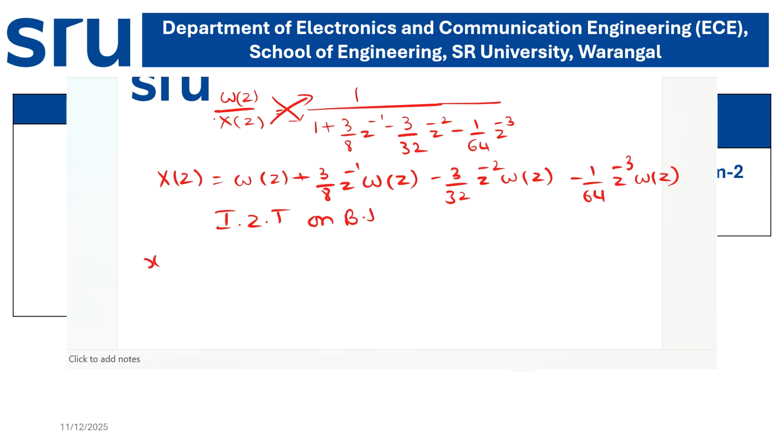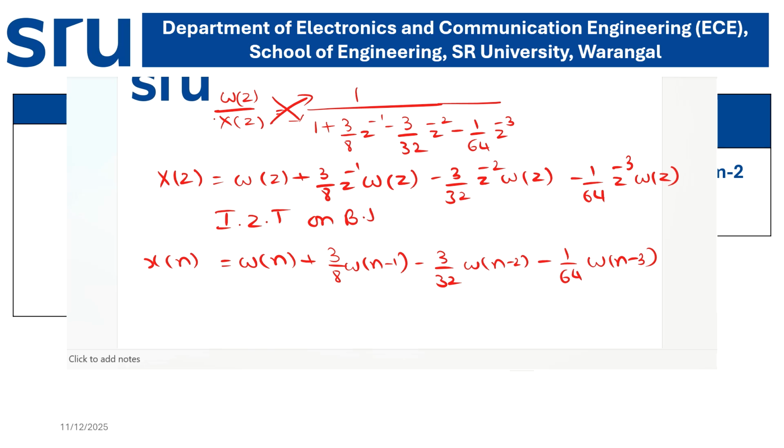Then X of z becomes x of n, and W of z becomes w of n, plus 3/8 w of n minus 1, minus 3/32 w of n minus 2, minus 1/64 w of n minus 3. Remember, always the output we have to equate to the input.